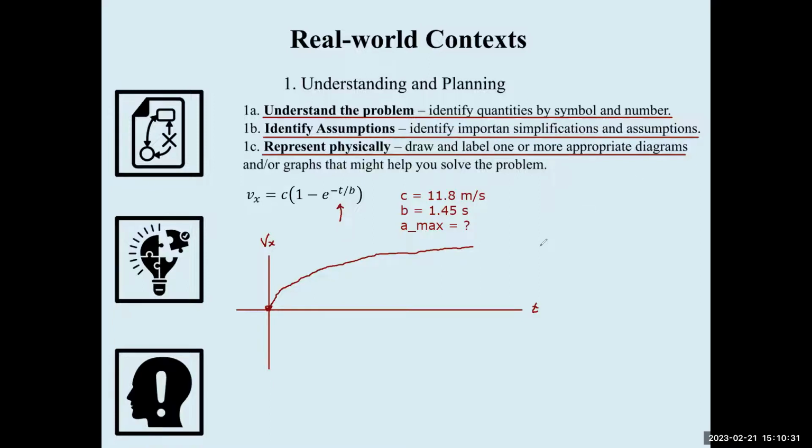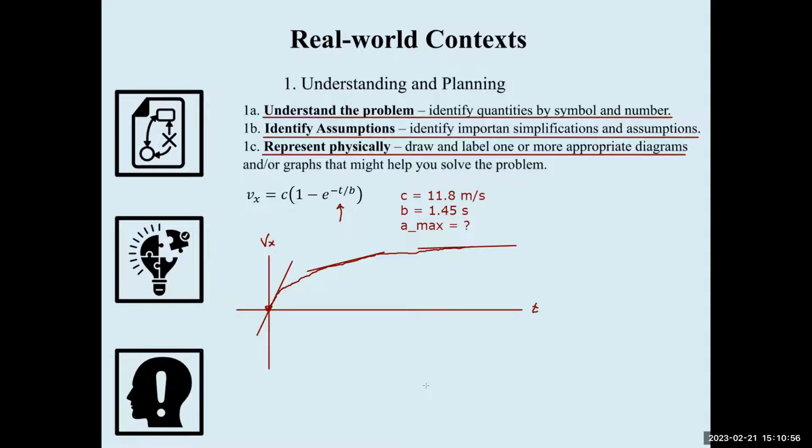One thing that I think is really valuable about drawing a motion graph here is that I can right away see from this graph that the acceleration, which is the slope of the graph, is very large at the start, and then is getting smaller and smaller as we go farther in time. And this checks out with my everyday understanding of what it's like to run.